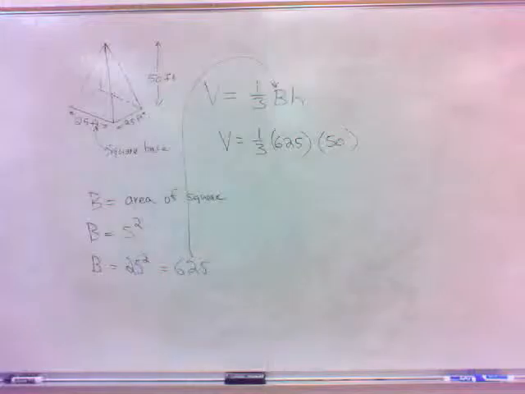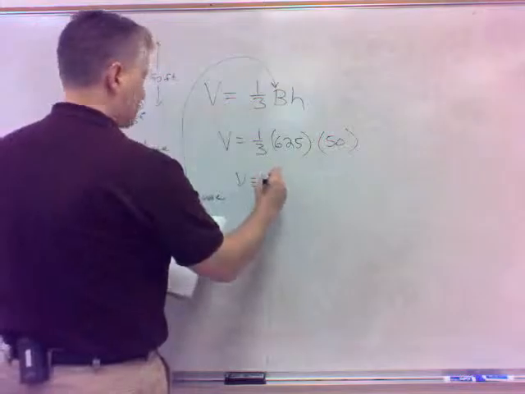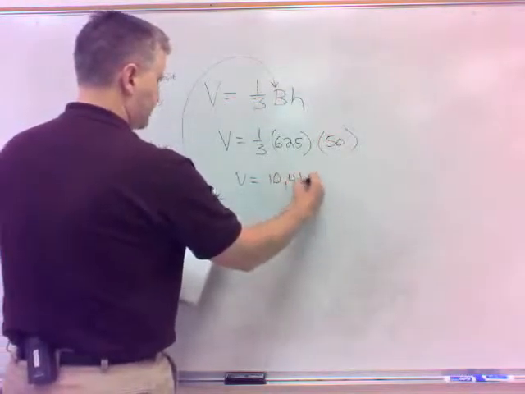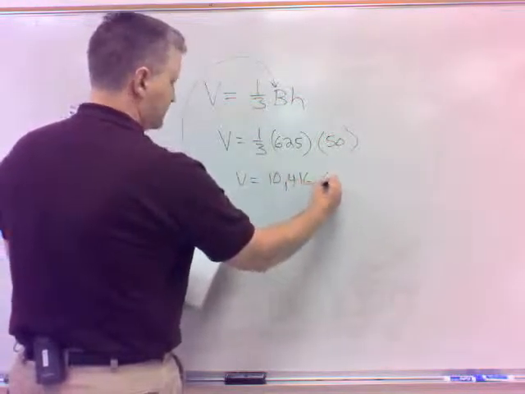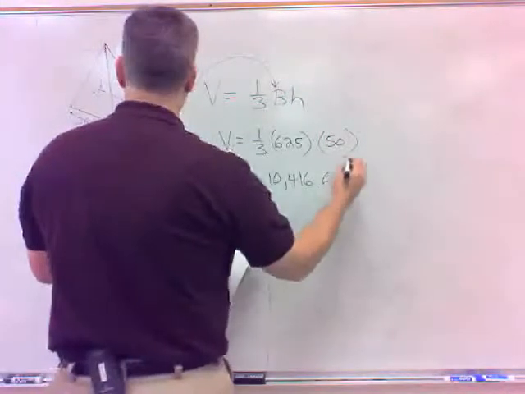So I do 1/3 times 625 times 50. And I got it. Volume is 10,416.67, rounded.